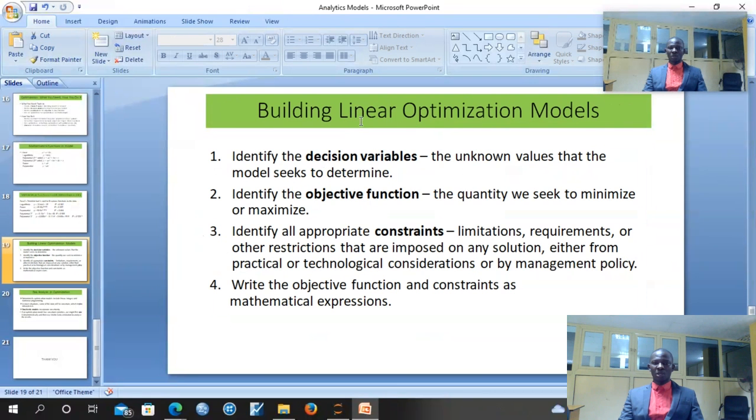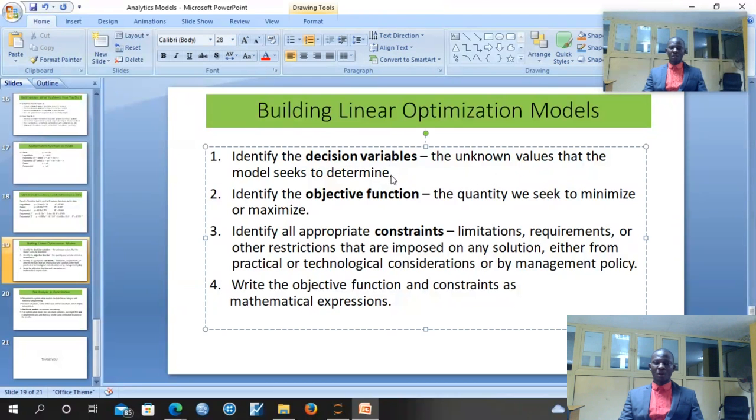So now, when we are building a linear optimization model, we need to identify the decision variables, which are the unknown values that the model seeks to determine. Under our operations research application, POM, we practice with linear programming.